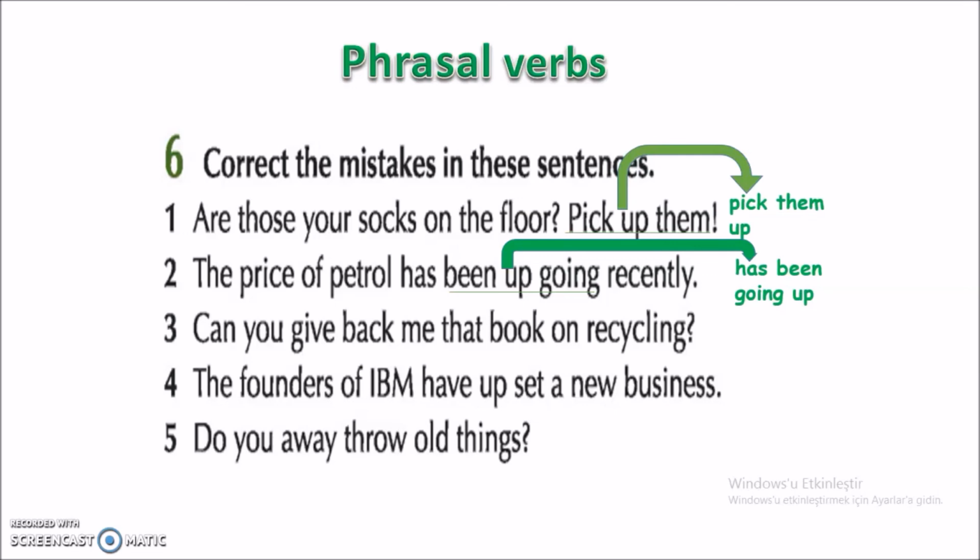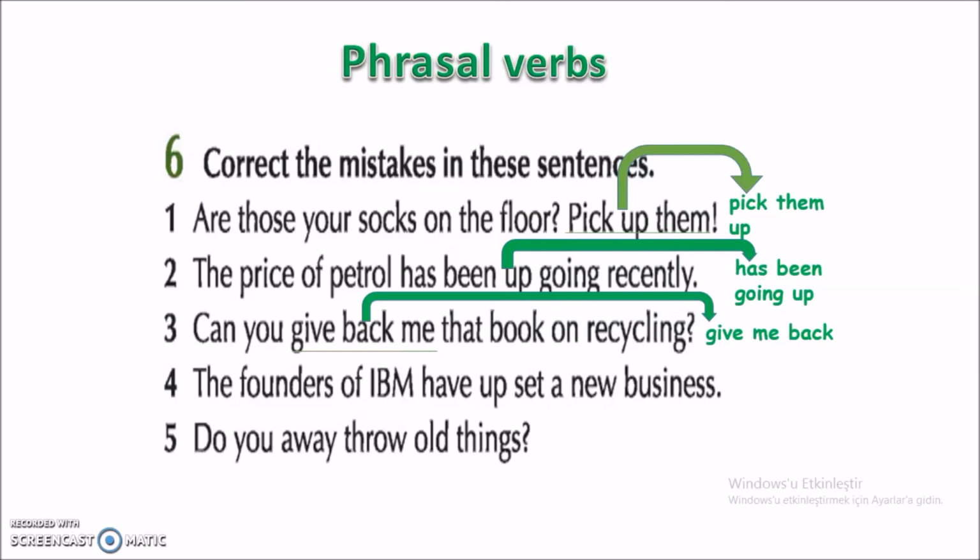In question 3, can you give back me that book on recycling? So in here the problem is give back me, so we would say give me back. Okay, the object should be in between with those verbs. And number 4, the founders of IBM have upset a new business.